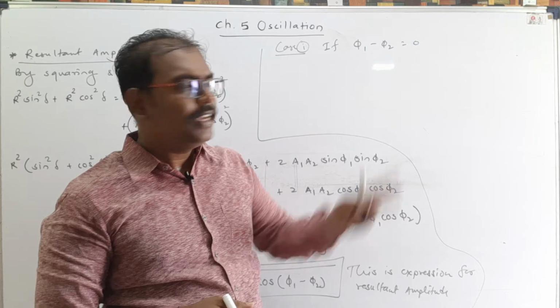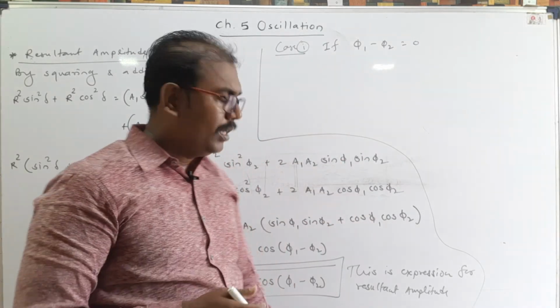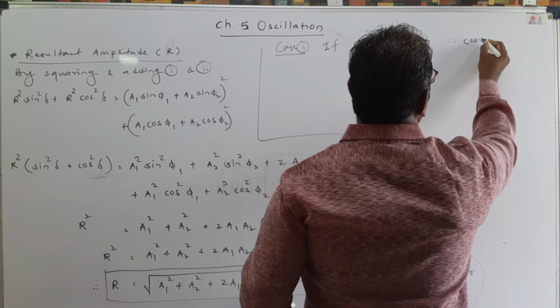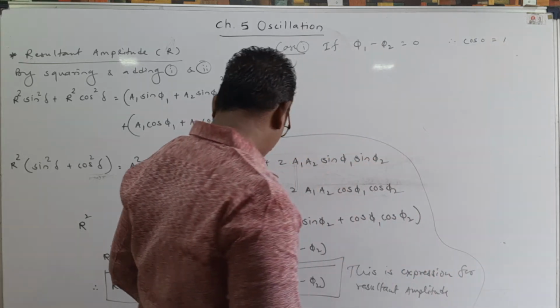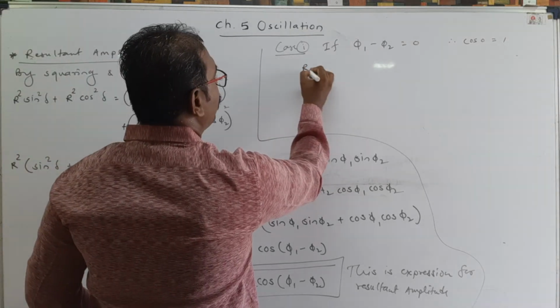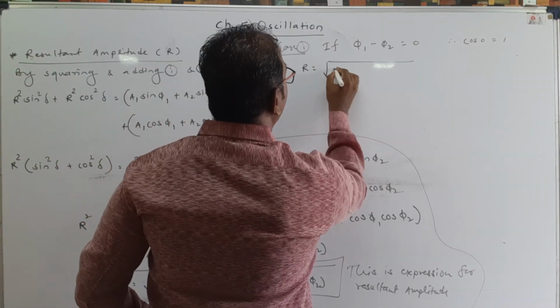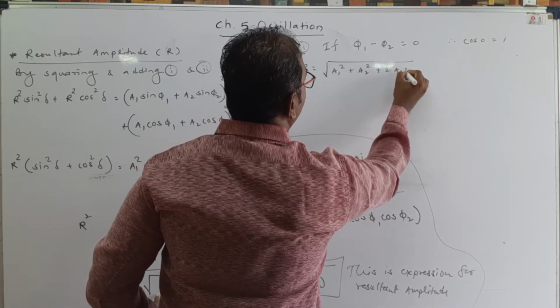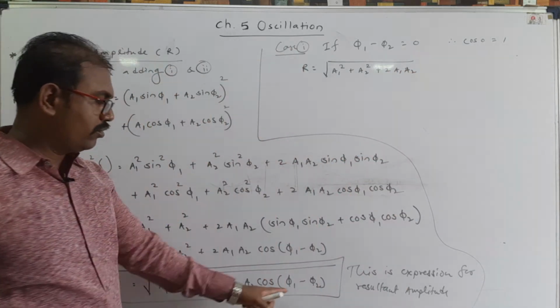When they are in same phase, the difference is 0. Then cos 0 is 1. So r is equal to under root a1 square plus a2 square plus twice a1 a2, because cos of this is 1.